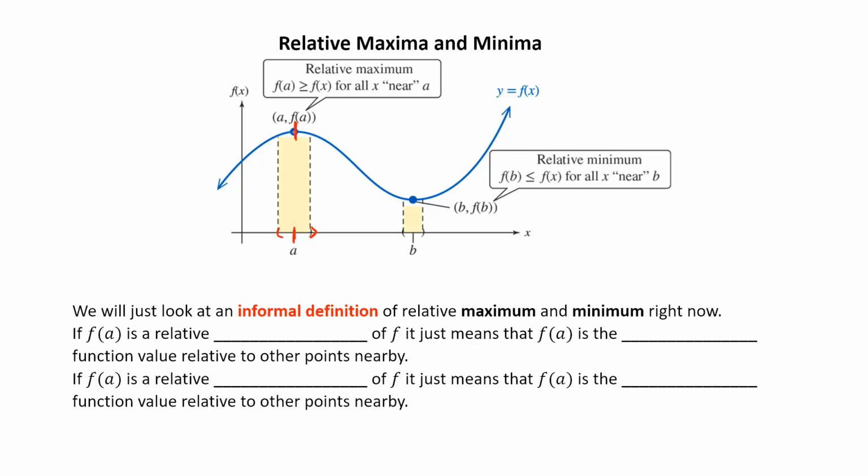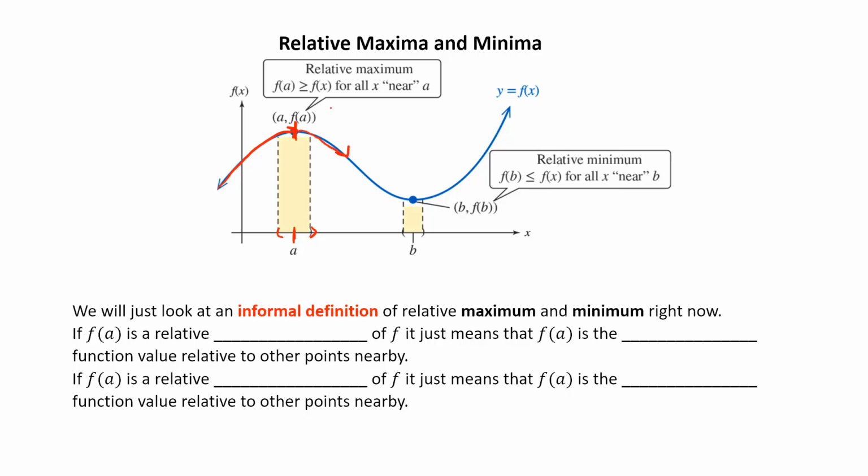So sometimes when we're dealing with a function, we want to talk about places where the function changes behavior. And those will be relative maximums and relative minimums, because as you're on this particular function, you're increasing. And when you hit this spot, the function changes behavior. It starts to decrease.